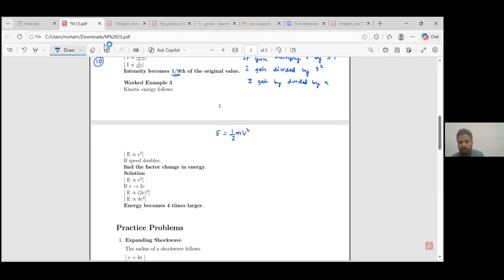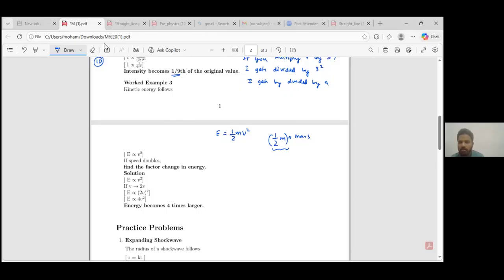You can see half into m. Half is just a value, and m is the mass. So if the mass is constant, then this half m is a constant value.